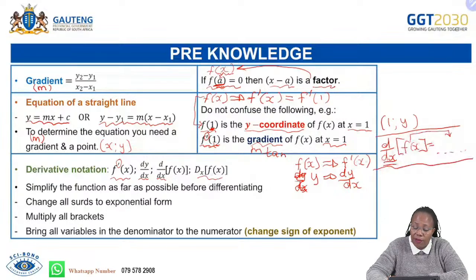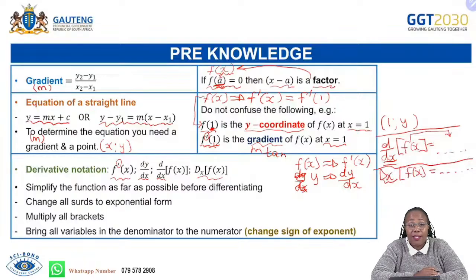If I am given as d by dx of the f at x function, the minute you start deriving, you lose that d dx, grade 12, at the stage where you are deriving. So it is very important, grade 12, that you indicate this notation correctly, because if you make any mistake, you will be penalized 1 mark for notation throughout your differential calculus.